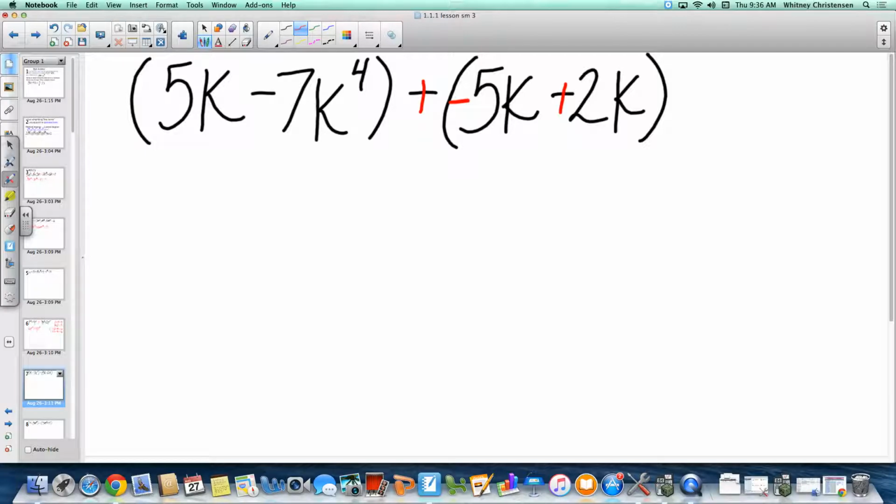Make sure some of you are not writing it in standard form, so your answer would be considered incorrect on the test. If you're not writing the highest degree first, then the next highest degree, your answer is incorrect.